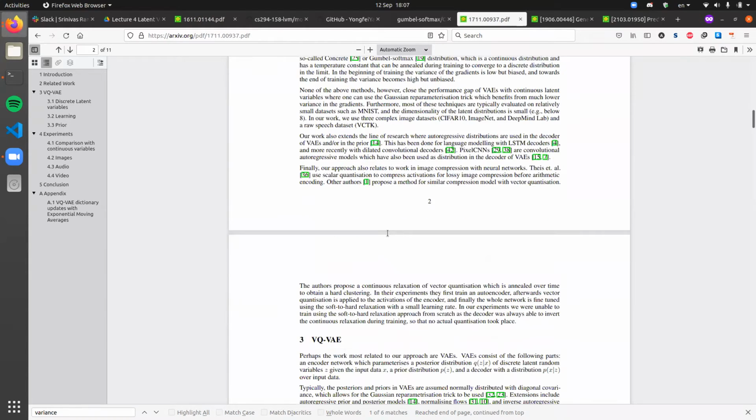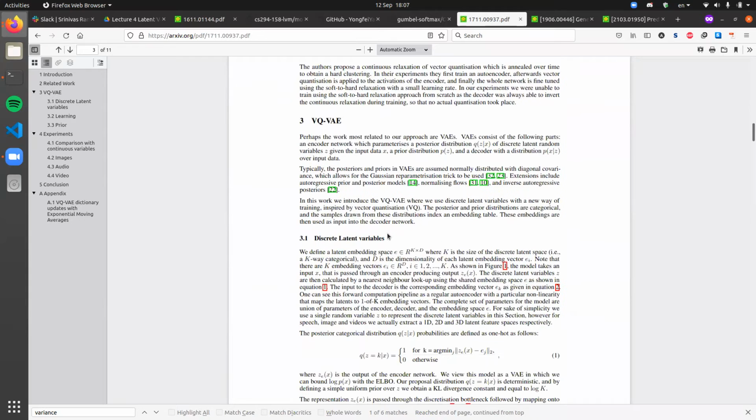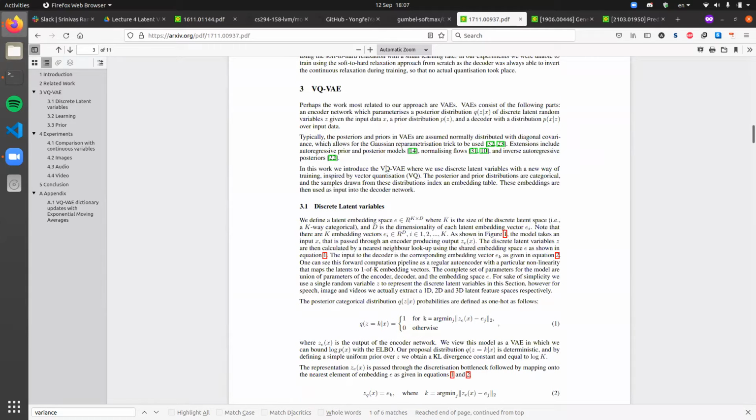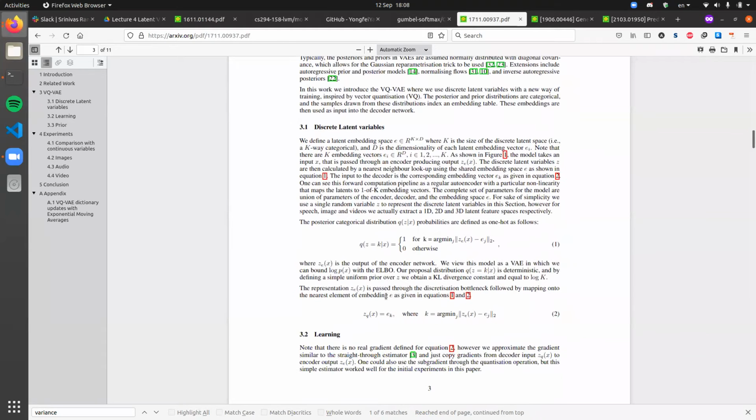So let's briefly go through the theory, or rather the intuition, behind the vector quantized variational autoencoder, and then we will look at how you implement it.